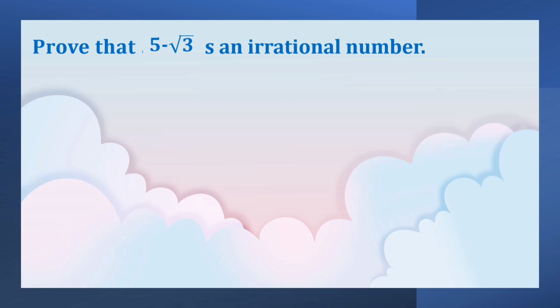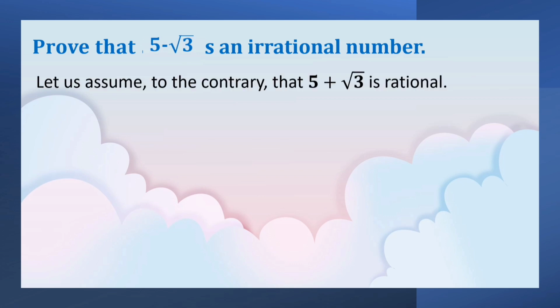Now let us prove that 5 minus root 3 is an irrational number. Then we have solved 5 plus root 3 is an irrational number. Instead of it, 5 minus root 3 is a rational number. Let us compare the steps of both problems.